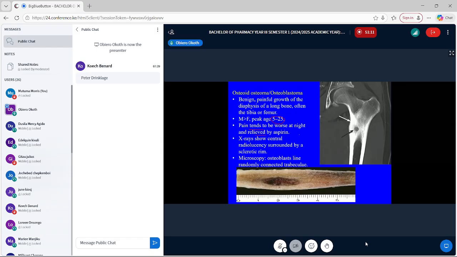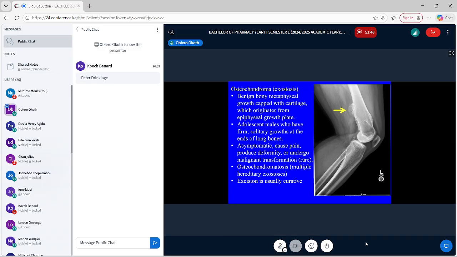On X-ray, there's a lesion surrounded by an osteoclastic rim. This is very thickened bone here, thickened bone, and then the sand forming osteoblasts. Yes, this is how it looks. This is intraosseous, inside the bone. It's benign. It's painful. We are only worried about it because that's the same age group we see with osteosarcoma.